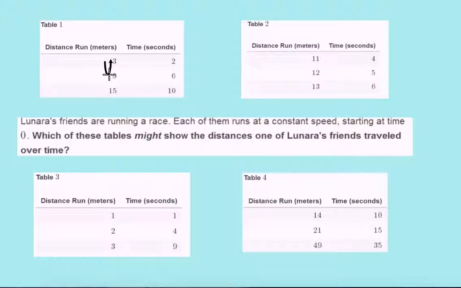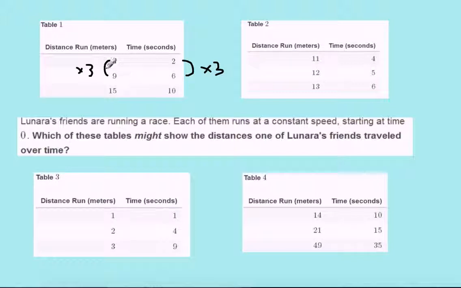Let's see, 3 to 9 and 2 to 6. What happened on those ones? Well, that was times 3, and this one was also times 3. So far, so good.